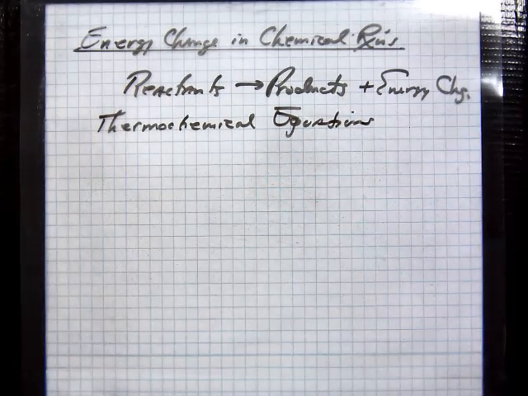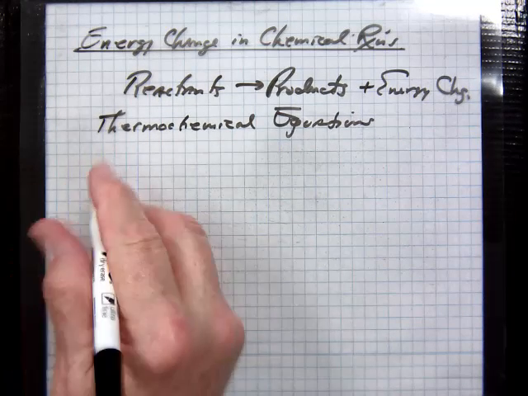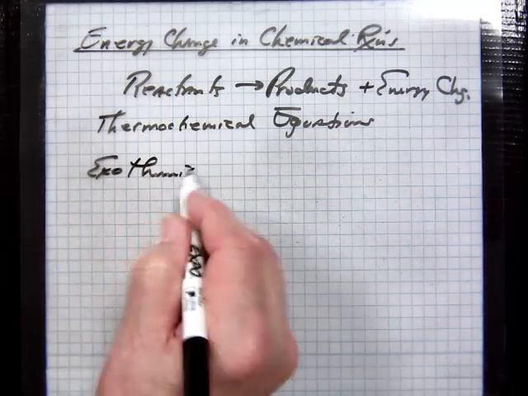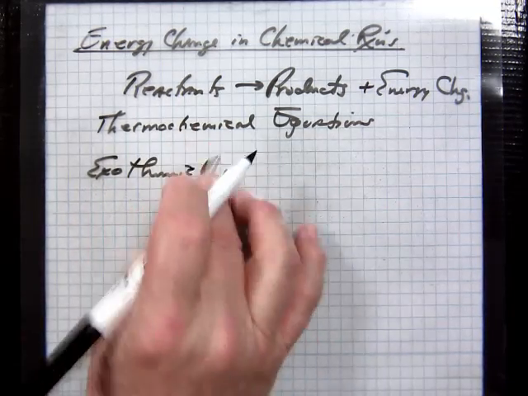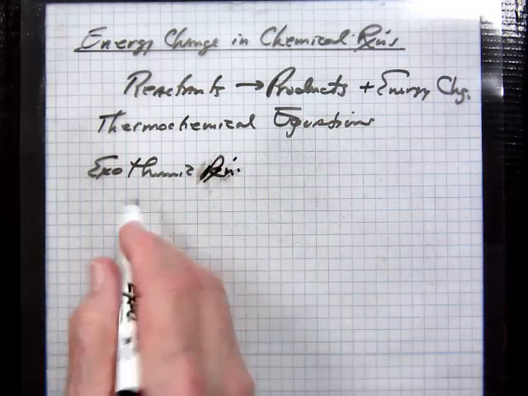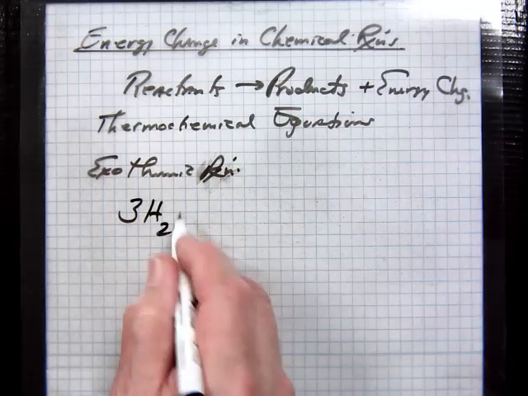And they come in 2 symbolic forms. I'll use an equation to show you the idea. One way to write an exothermic reaction is as follows. Here's the ammonia synthesis.